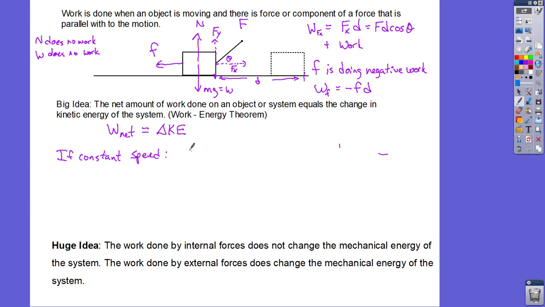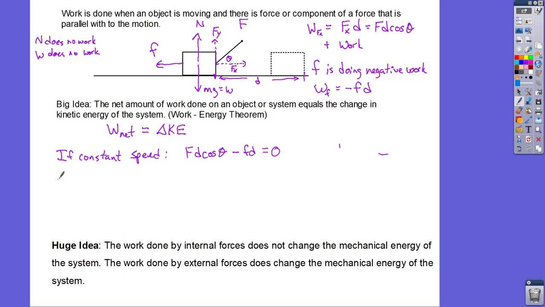So the negative work done by the frictional force is equal to the positive work done by Fx, and we end up with a net work of 0. So F d cosine theta minus the frictional force times d is equal to 0. And so we have constant speed, so we have no change in kinetic energy. Makes sense.